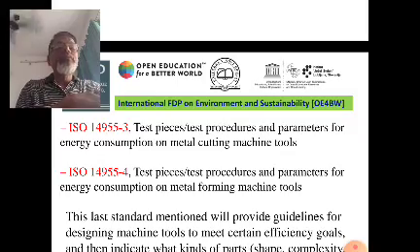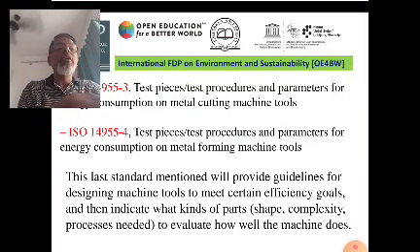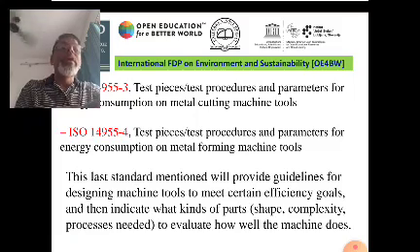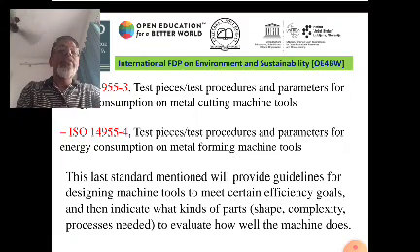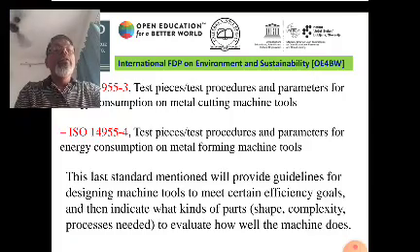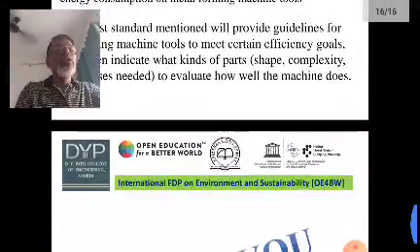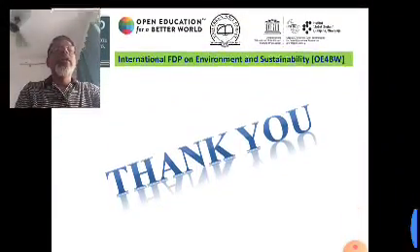Interestingly, the last standard mentioned will provide guidelines for designing machine tools to meet certain efficiency goals, and indicate what kind of parts, that means the shape, complexity and processes, are needed to evaluate how well the machine does. Because according to the shape, complexity and process, especially for metal forming machine tools, the energy consumption varies. So this way, these are the different environmental standards which we are using for the manufacturing industries.